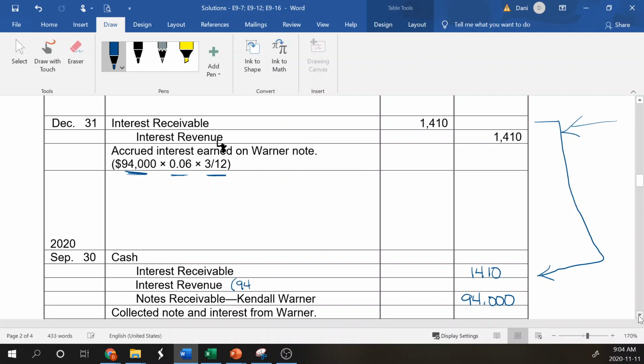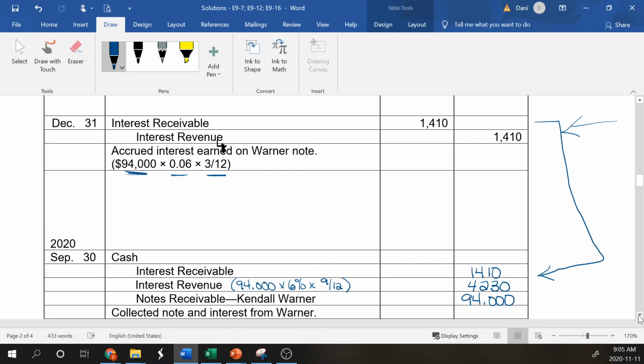So we take our principal, the amount loaned, times the 6% interest rate. But now we have from January 1st to September 30th. So 9 out of 12 months that we need to book here. If you do that math, you get $4,230. So that's the additional interest.